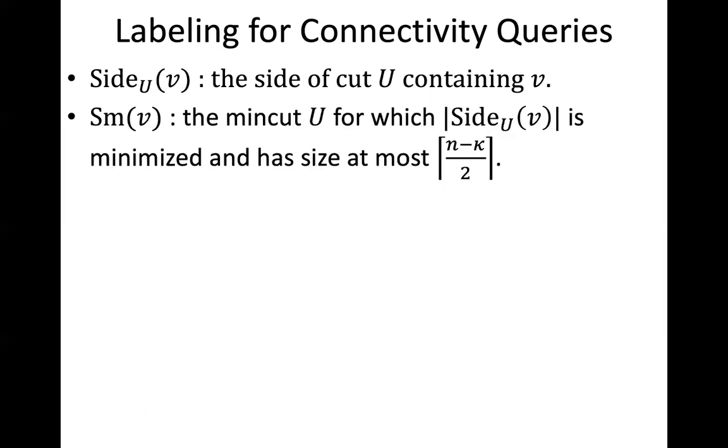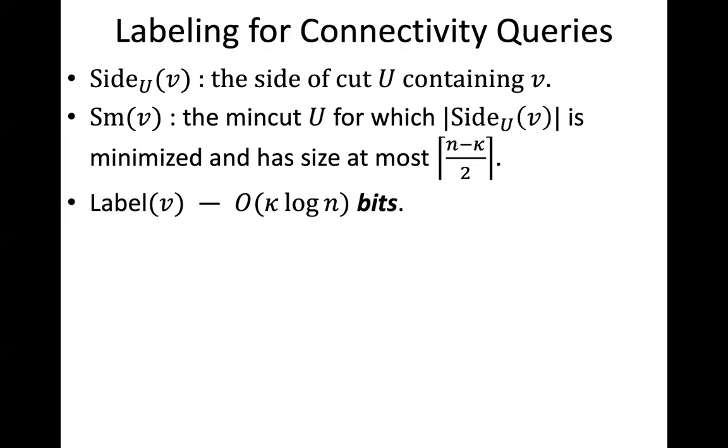So when you fix a vertex v, there's lots of cuts in the graph, and small(v), shortened SMV, refers to the one such that side(v) is minimized in cardinality. So we're going to let small(v) be the minimum cut U that minimizes the side of v in cardinality, as long as it's at most this threshold here. And it turns out this threshold is a very critical number, that if small(v) exists, it is unique. And above this threshold, it's not necessarily unique, but at that threshold, it is unique.